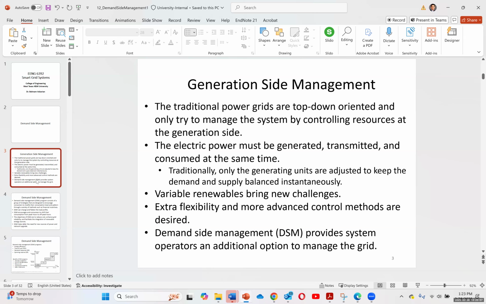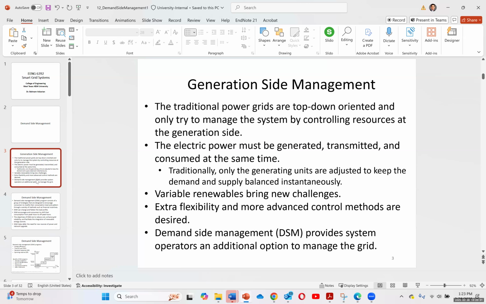If you generate more power than it's consumed, it's going to cause damage and problems. And it's the same thing if we consume more, it's going to cause a lot of problems, damage our transformers, transmission lines, and so on. So traditionally, only the generating units are adjusted to keep the demand and supply balance instantaneously.